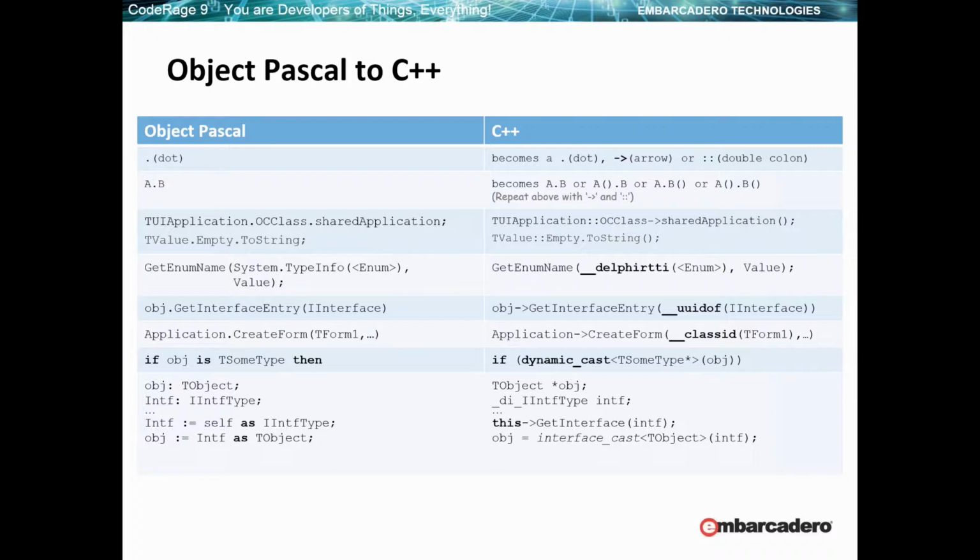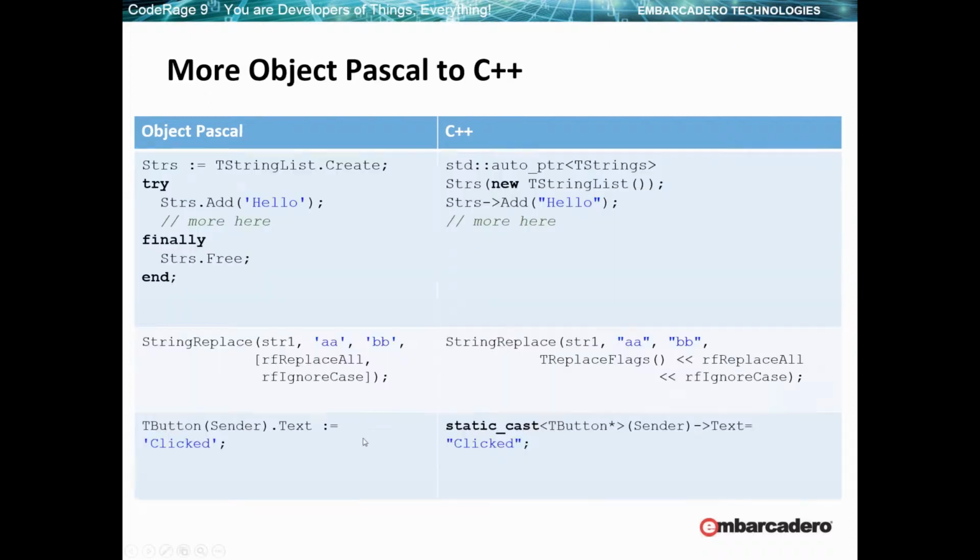But typically, you can just do dynamic cast even for the case of as, and just check the return value if it's nil or not. We don't have a cast version that will throw an exception. So on the Delphi class, you just use dynamic cast, and that's the way, and then just look at the return value.